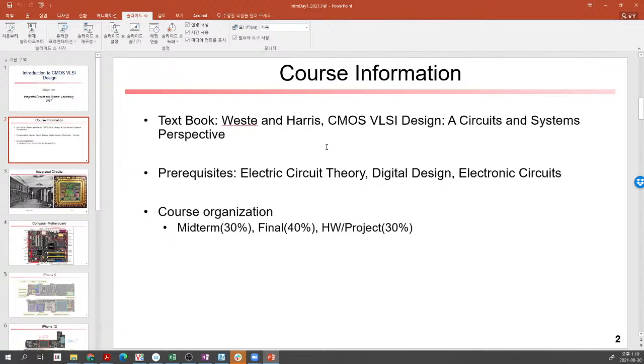Do any of you have a problem with the Linux system? No? So we are going to do the actual simulation and coding from the homework and project.